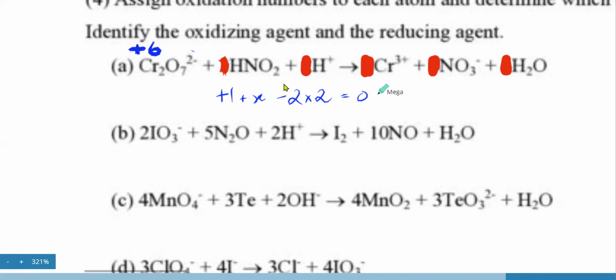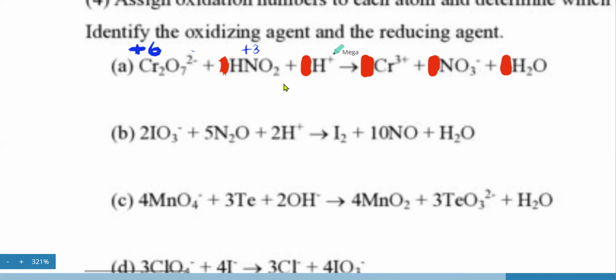So what is X? Minus 3? Okay, so X is plus 3. So it's going to be plus 3.